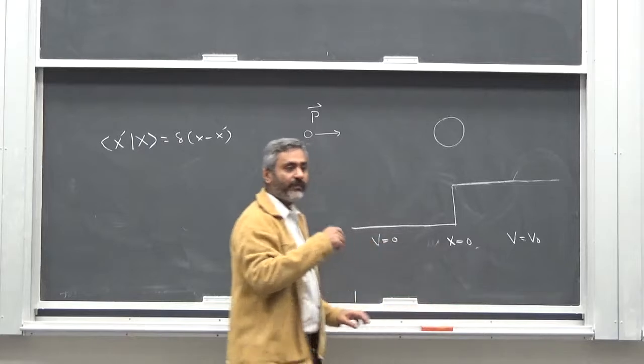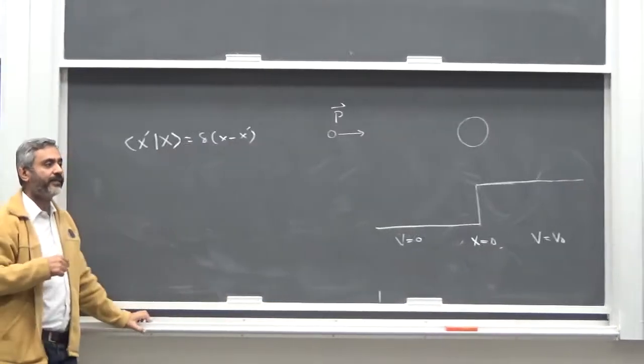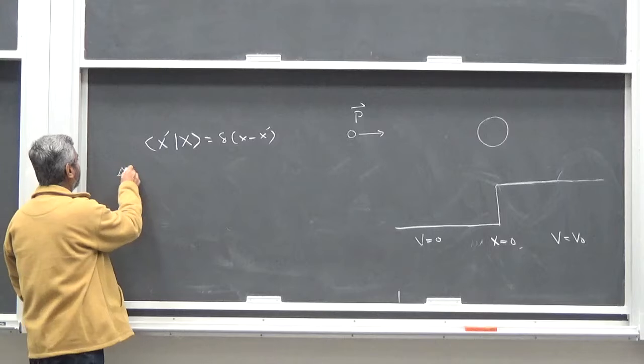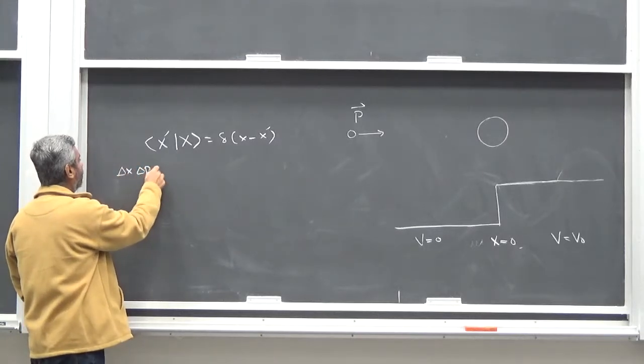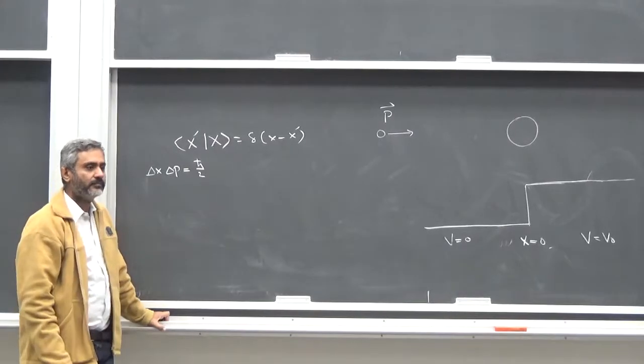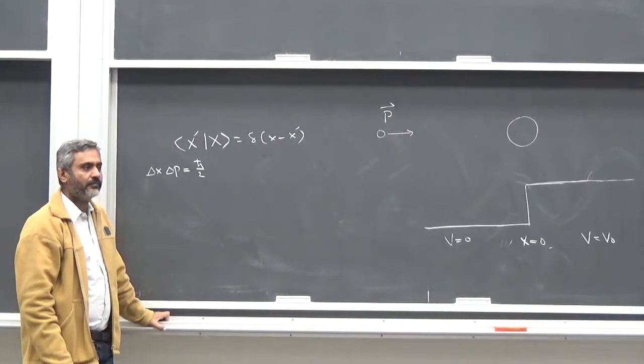And that wave function is a Gaussian. Gaussian satisfies delta x delta p equal to h bar over 2.